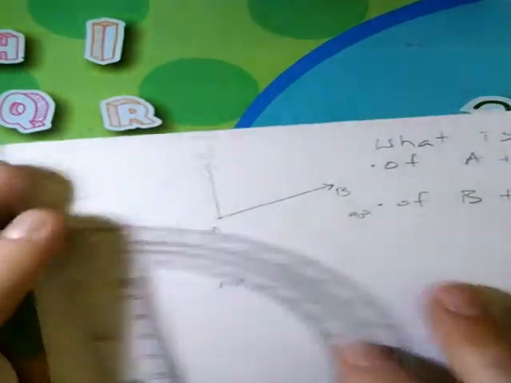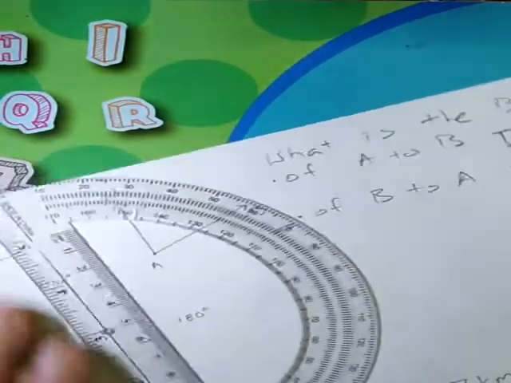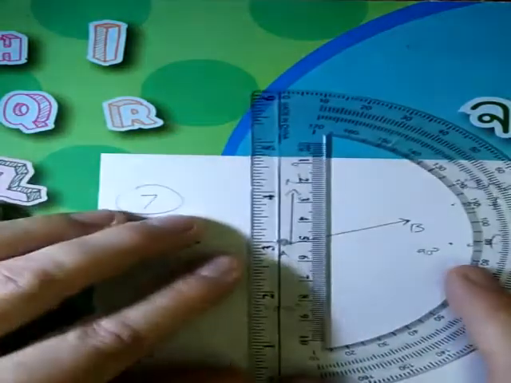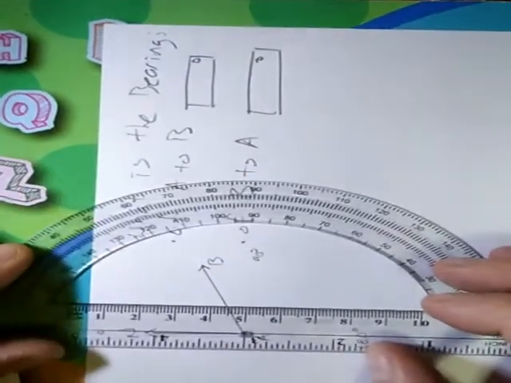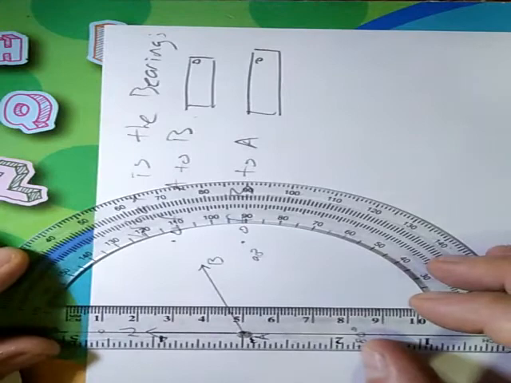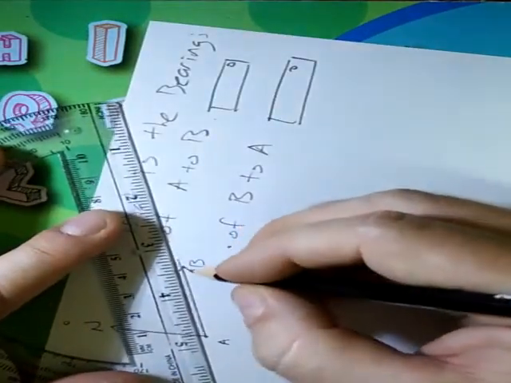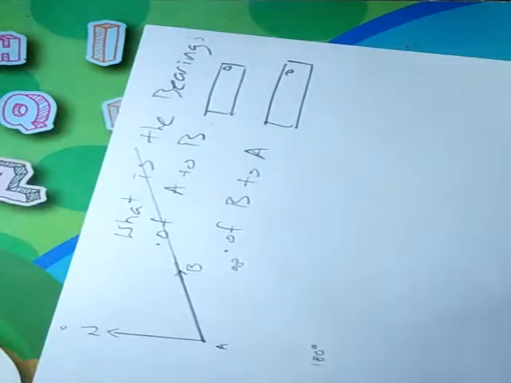So I'm going to use my protractor and measure this angle. I can do it like this. I'm going to turn my paper sideways, it's a little bit easier to do. But I do notice that this line is really not long enough for me to make an accurate measurement, so I'm going to extend this line, just go out that way.